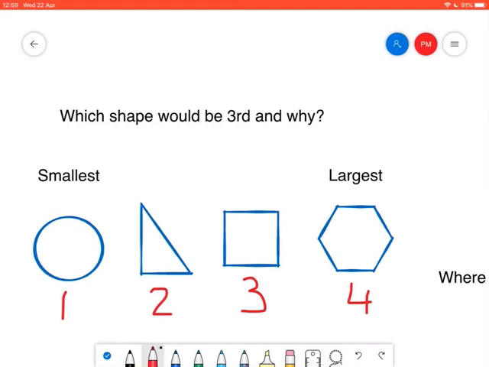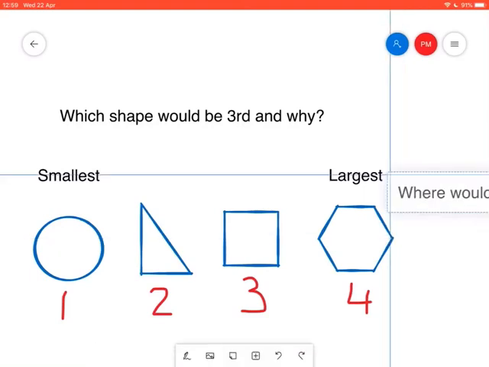But why? Why is it in the third position? Why is it not in position number 2? Why is it not in position number 4? So what you're going to have to think about is the number of sides on each shape, and using our words smaller, larger. So if you have a go at that, and then you have a second question.